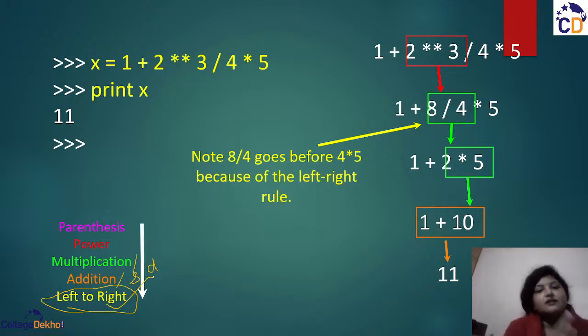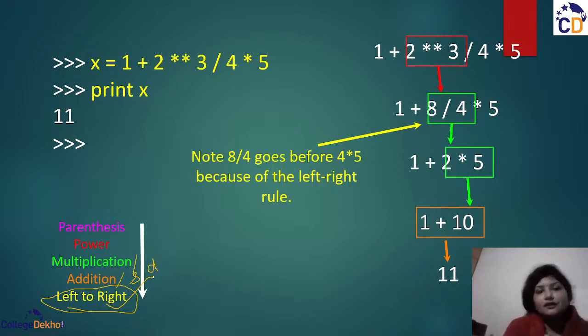That means if the operators are of equal precedence, how we are going to evaluate that expression, right? And double asterisk is used for power. Okay, so this is how we evaluate the expression and apply the left to right rule as well.